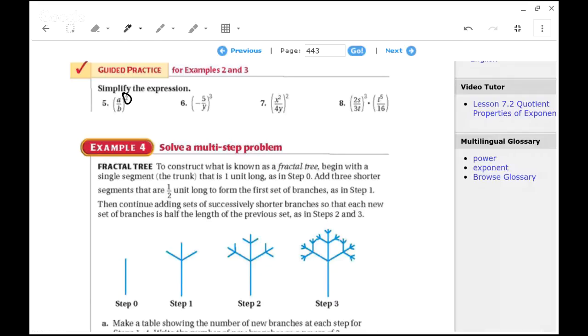So on number 5, that's going to be a squared over b squared. Okay? And you can't do anything after that. So that's literally your final answer for number 5.